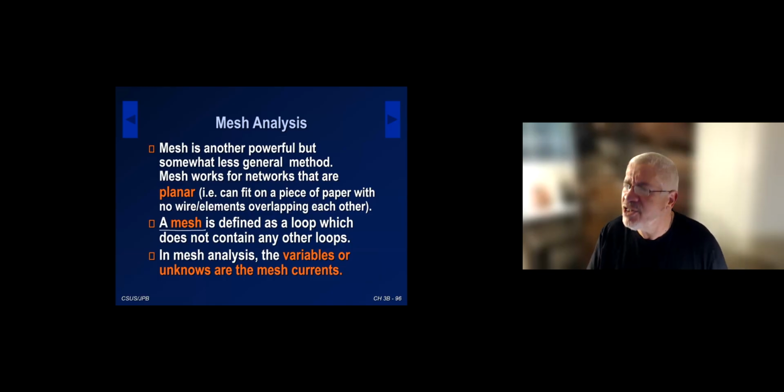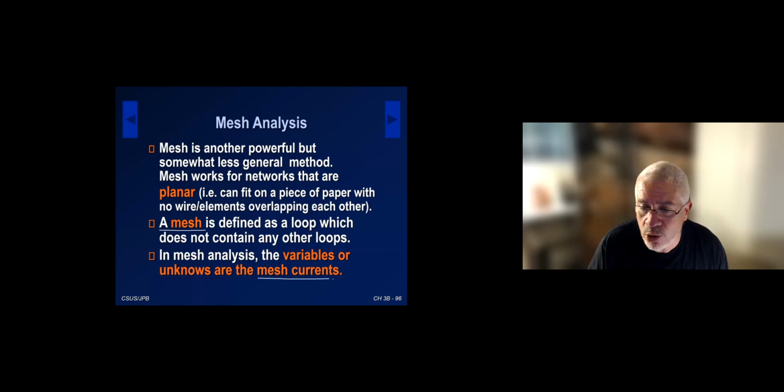A mesh is essentially a loop with no other loop inside. It's the smallest loop, so it has no other loop inside. The mesh is where our variables are going to come from. In fact, in mesh analysis, our variables are the so-called mesh currents. Of course, I'm going to show you what that is shortly.